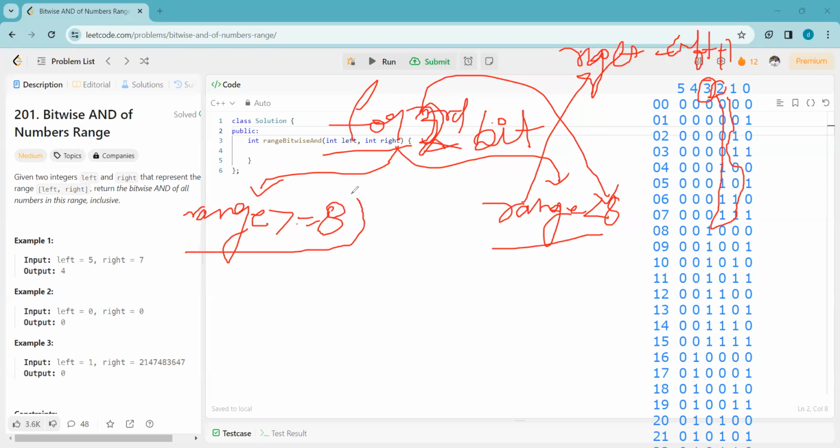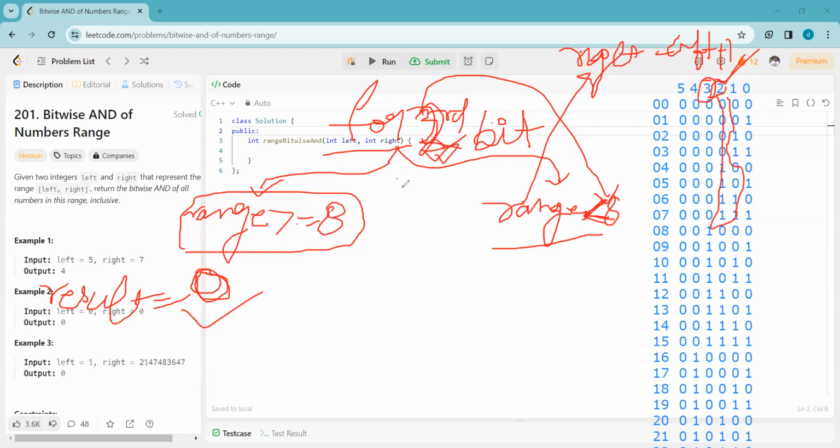If the range is greater than or equal to 8, then for the second bit position the value in the result will always be 0. That is confirmed. Now, what is the possibility if the range is less than 8?